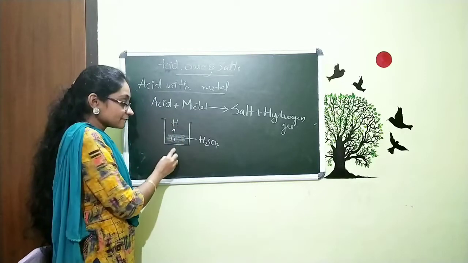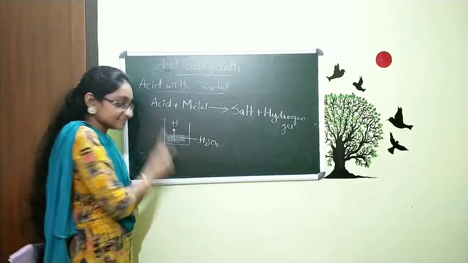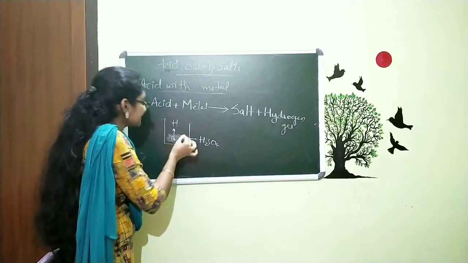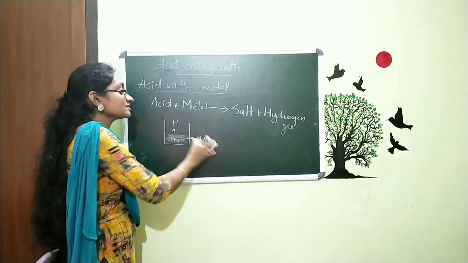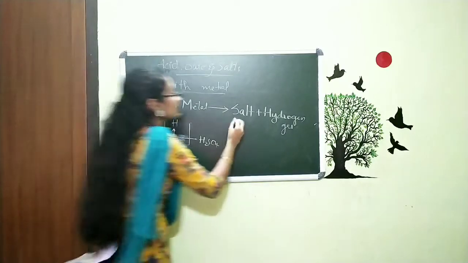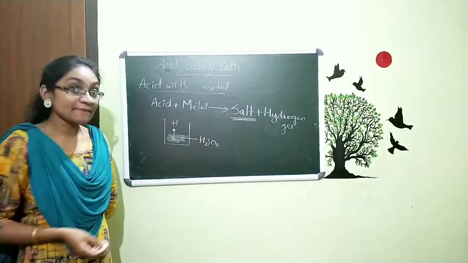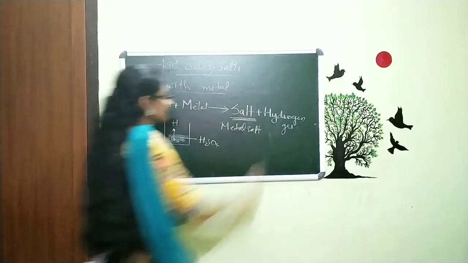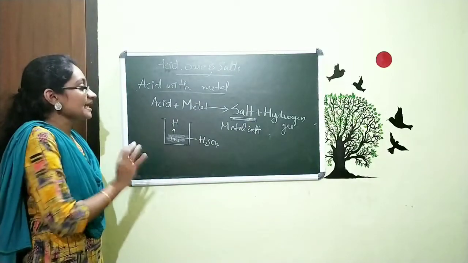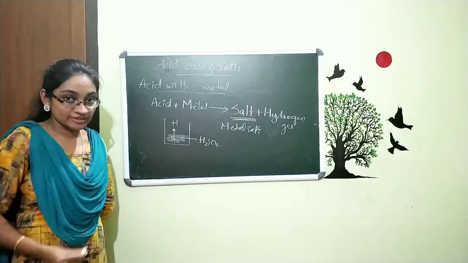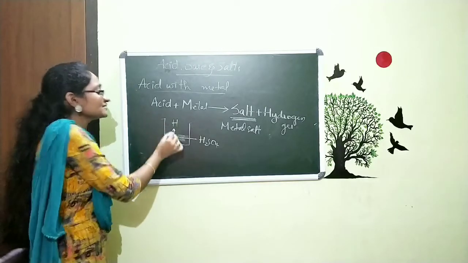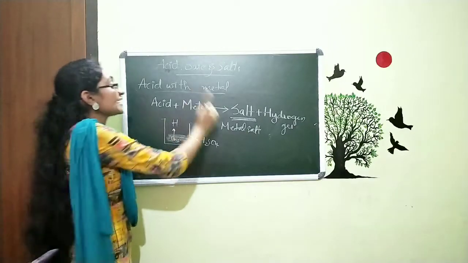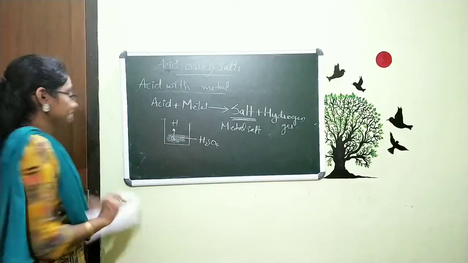This metal displaces the hydrogen, and the remaining part combines with the metal and forms a salt. Salt means a metal salt. This is what happens when acid and metal react together. Simply we can say that when metal reacts with acid, hydrogen gas escapes and a metal salt is formed.